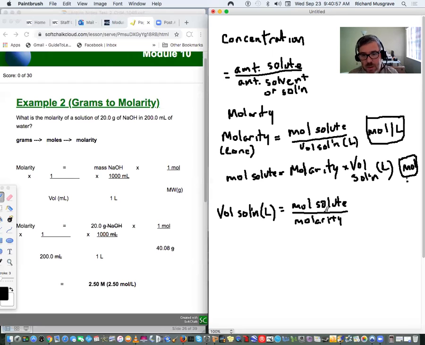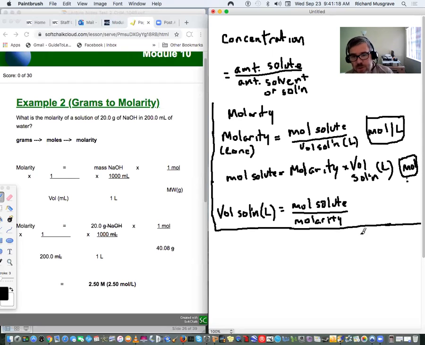Okay. So those are the three main equations that we're going to be using here, but you'll notice that they're all based upon the first one. Or the last two are based on the first one we looked at. So we're just rearranging those.